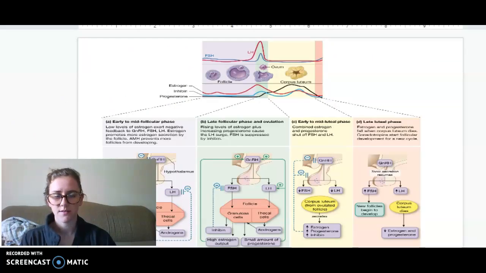Here's a summary slide that shows the entire process. This was taken from our textbook Silverthorn, and it shows the stages and the feedback loops and the hormones and their effects on the female reproductive cycle. So we'll start with the early mid-follicular phase, then we transition into ovulation and the luteal phase. That's broken down into two parts.